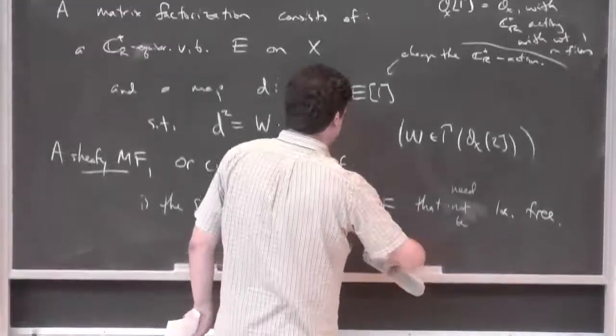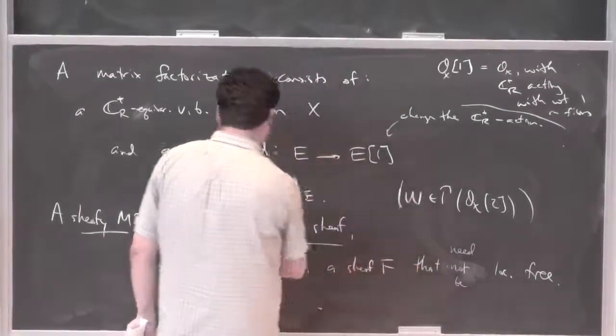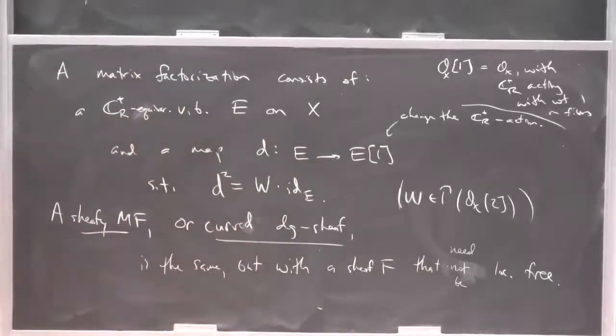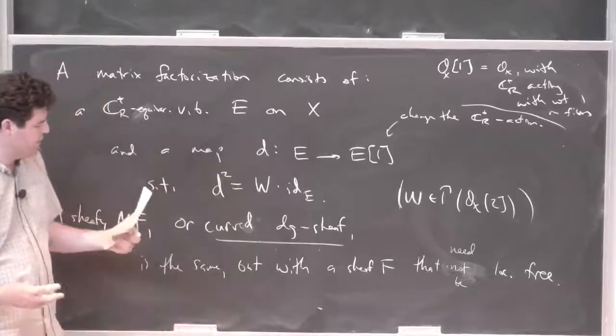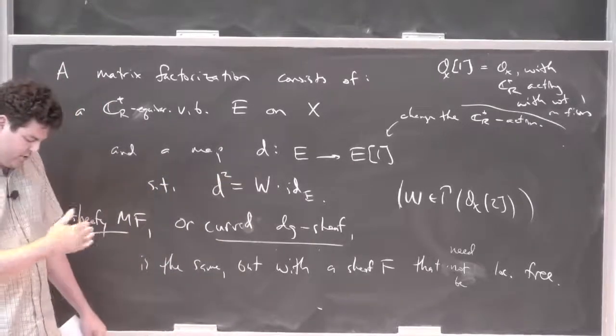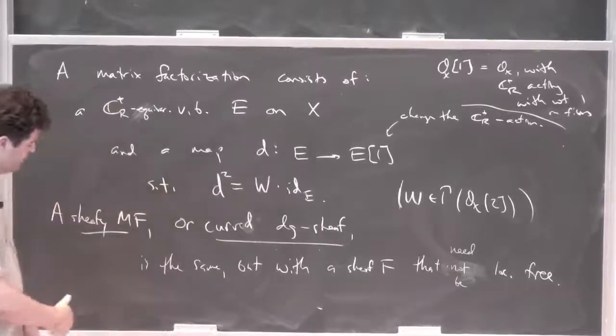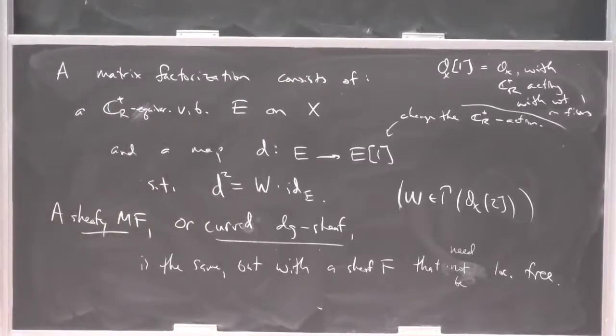So the point of this sheafy matrix factorization or curved DG sheaf business is that we can consider both good old matrix factorizations of W using vector bundles, or we can consider just sheaves supported on the locus where W is 0, and we can move back and forth between these as we like.